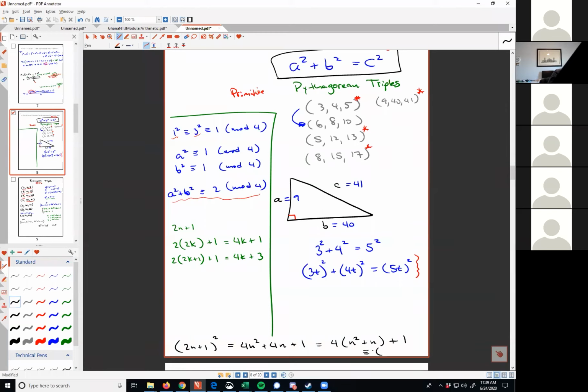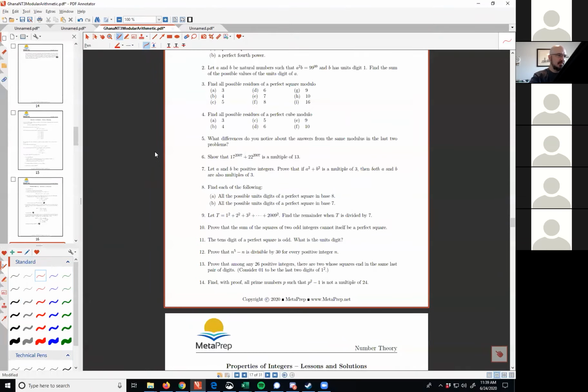Therefore, it is congruent to 1 mod 4. Okay. So I've got a few other problems here, and they're a little on the harder side. I recommend giving them a try.